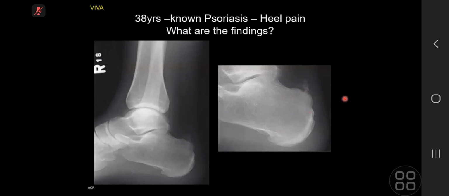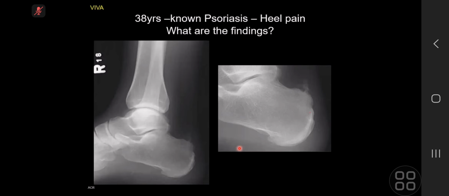So that's the lateral view of the ankle joint and the cone view of the calcaneum, in which I can see there is erosion at the posterior part of the calcaneum at the level of the attachment of the Achilles tendon.